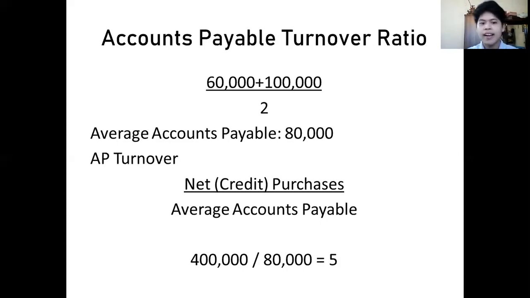Our accounts payable turnover is net credit purchases divided by average accounts payable. So, 400,000, kasi ito yung credit purchases, divided by 80,000. So, the answer, our accounts payable turnover ratio is 5.